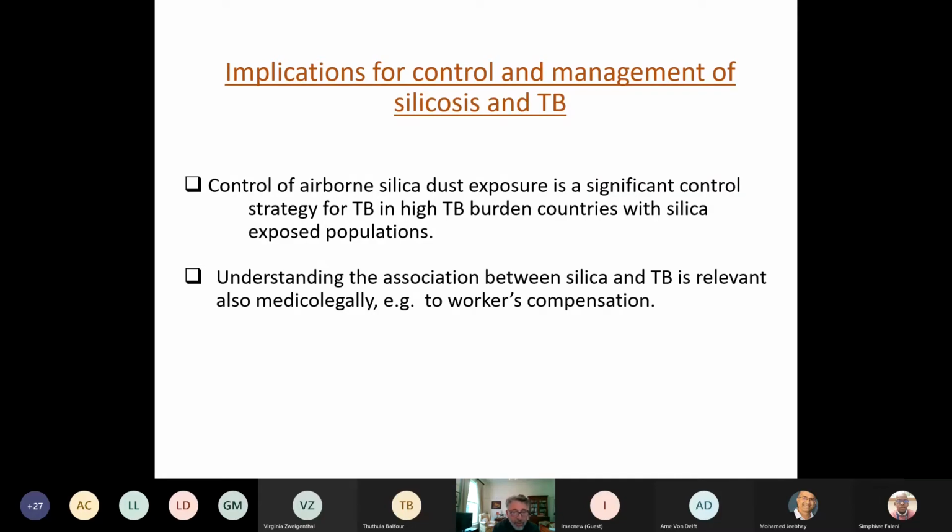Control of airborne silica should therefore be seen as part of the armamentarium of tuberculosis control in the public health setting.